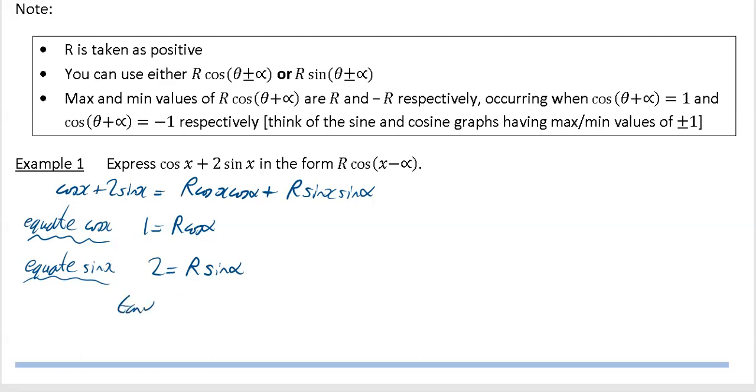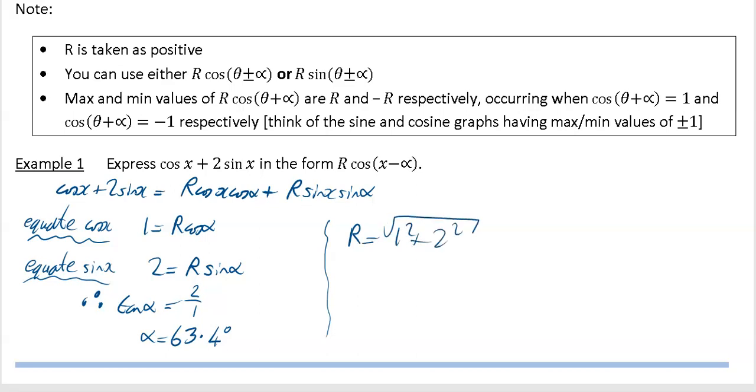Okay, now all you need to do here, remember, is our tan alpha. Tan alpha is going to be equal to the sine over cos, so this one divided by this one, so tan alpha is going to be equal to 2 over 1, which means alpha is equal to, and I've just done 2, 1 tan inverse, 63.4 degrees. Likewise, your r is going to be equal to the square root of 1 squared plus 2 squared.